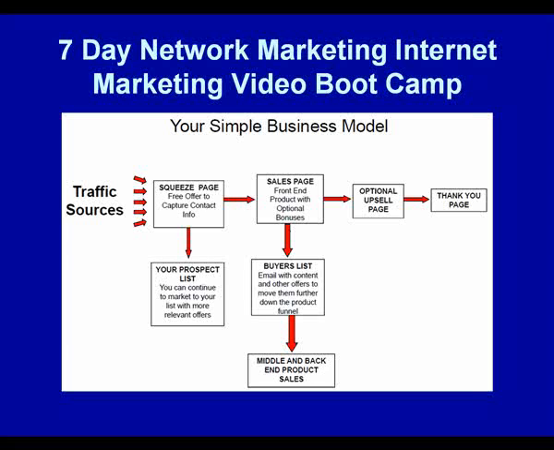Here's a basic schematic that goes through your simple business model or your sales funnel. So up front you have your traffic sources that bring people into your squeeze page, which will have a free offer to capture their contact info. And what happens is they get put onto your prospect list so you can continue to market to your list with more relevant offers.